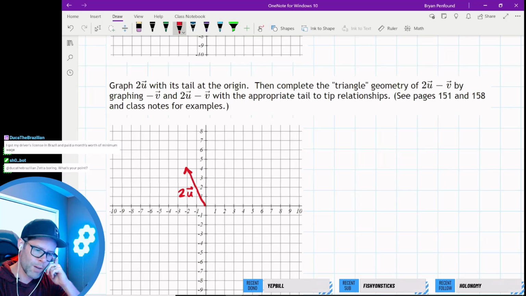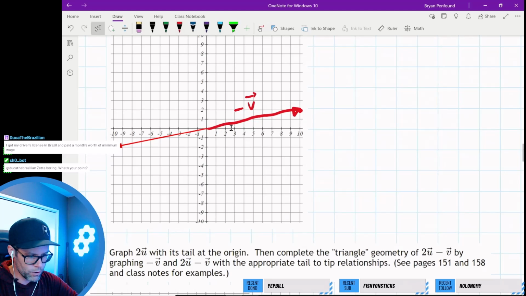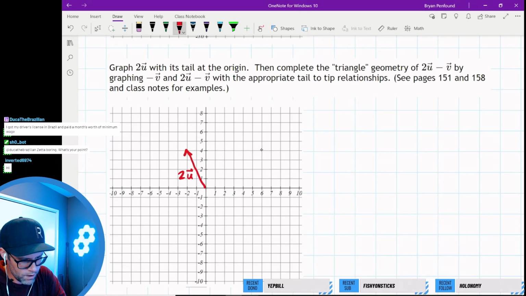Complete the triangle geometry of 2u minus v by graphing negative v and 2u minus v with the appropriate tail-to-tip relationships. So negative v looks like this. It goes to the right by 10 units and up 2 units. So we need to go to the right 1, 2, 3, 4, 5, 6, 7, 8, 9, 10, and up 2.